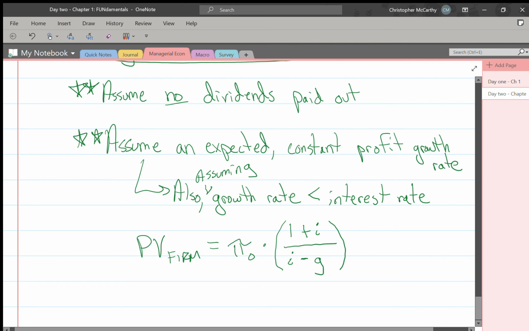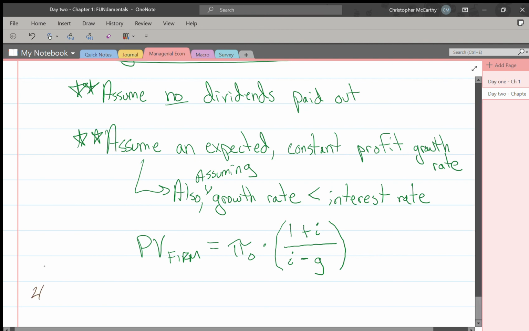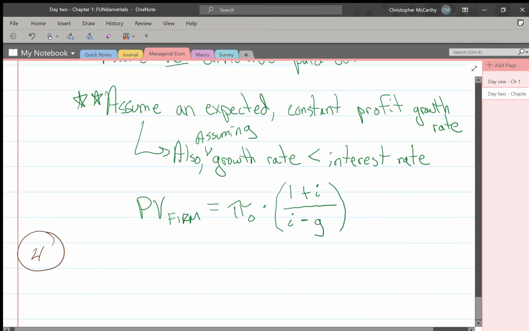So let's go ahead and do an example. Okay, we're going to do number 4. Number 4 tells us that a firm's current profits are $900,000. The profits are expected to grow indefinitely at a constant rate of 2%.